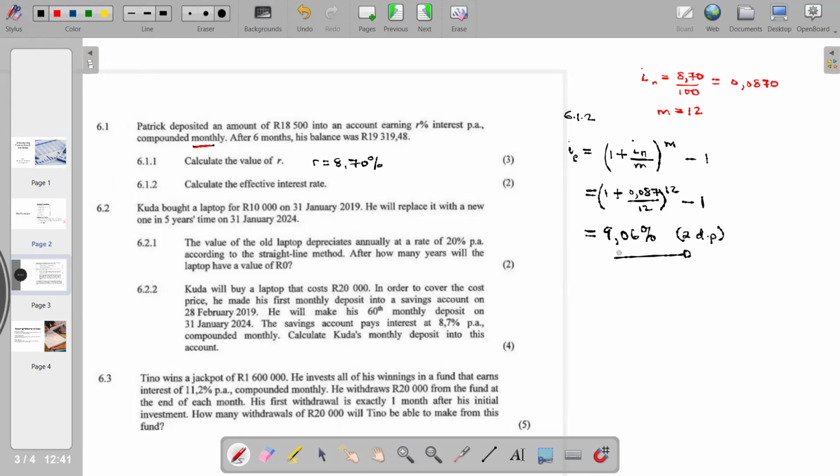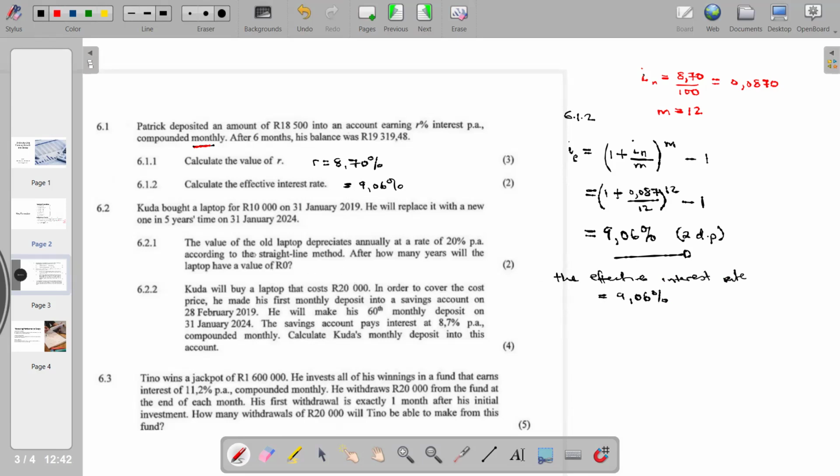This becomes our effective annual rate, 9.06%. So at the end, let's answer the question. The effective interest rate is equal to 9.06%.